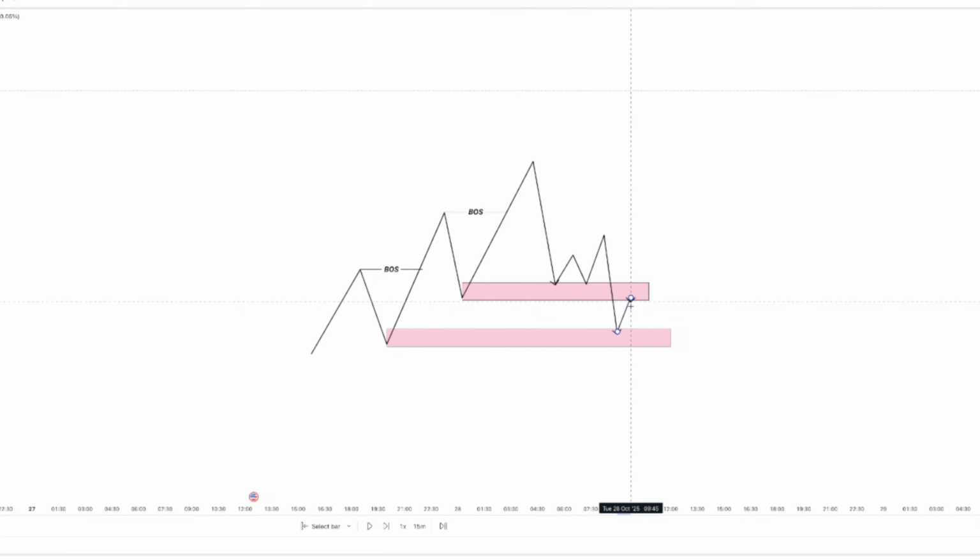If the market taps here, it might come around here, does this, and does this, and then continues in the direction that it's supposed to be going. Now, someone who has been buying from here is going to lose a lot of money because they're going to hit their stop losses with the belief that the market is going to continue to the higher highs.